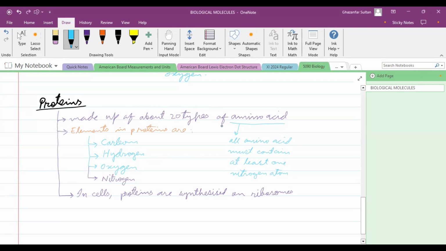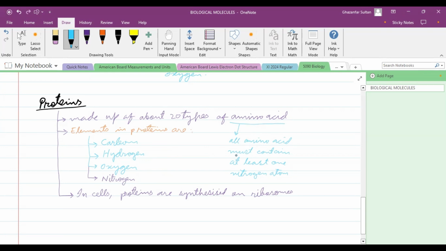So far, we have studied that proteins are made up of 20 types of amino acids, and elements in proteins are carbon, hydrogen, and oxygen. And the fourth important element is nitrogen. Although in some proteins, sulfur is also present, but I'm not mentioning it here.